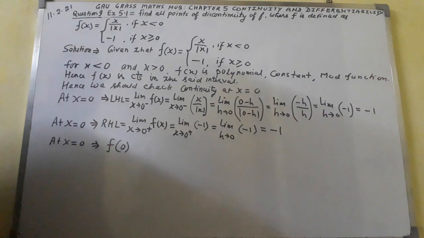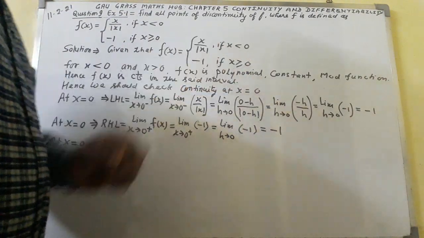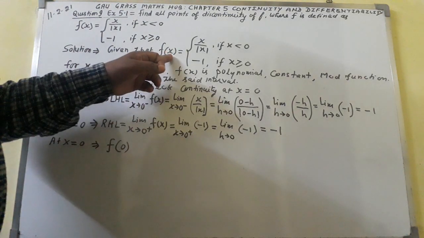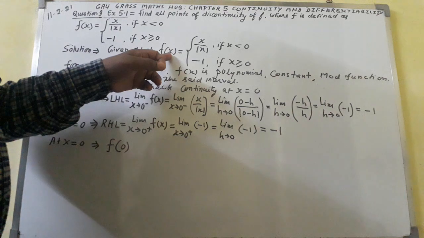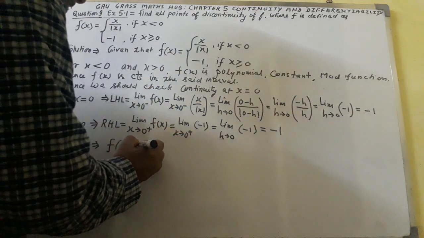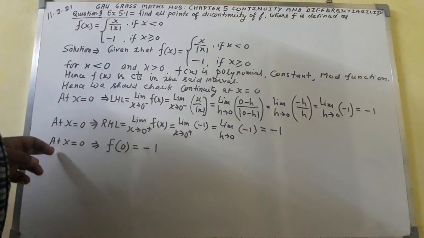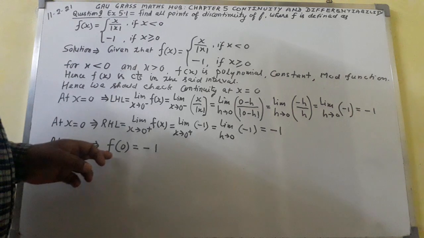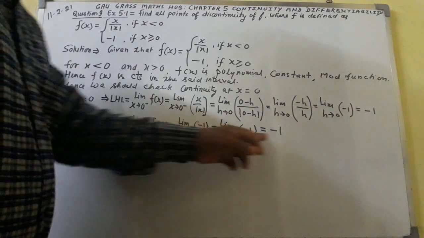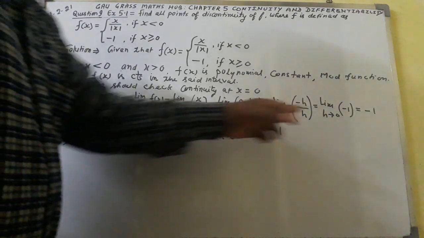Here put x equal to 0, so you will get f of 0 equal to minus 1. So at x equal to 0, f of 0 is equal to minus 1, the right hand limit comes out to be minus 1, and the left hand limit is minus 1.